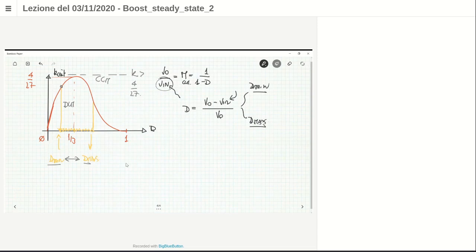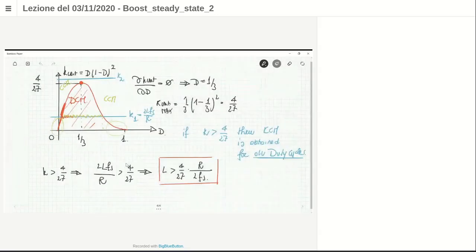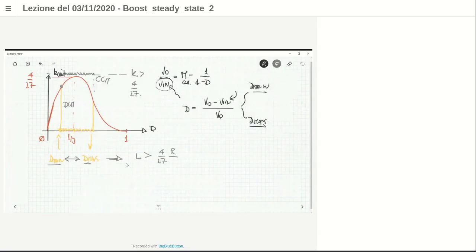Only with K larger than 4 divided by 27 am I assuring that the boost always operates in CCM, because you are operating in this region which is external. So in that specific situation, I have to be sure that L is designed to be larger than 4 divided by 27 times the expression R divided by Fs.